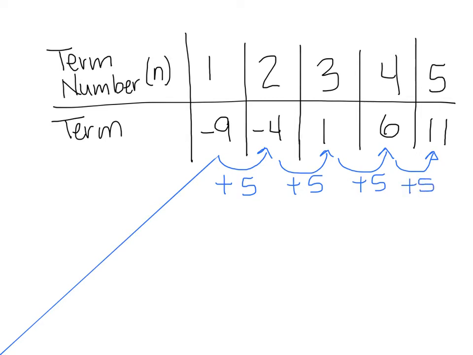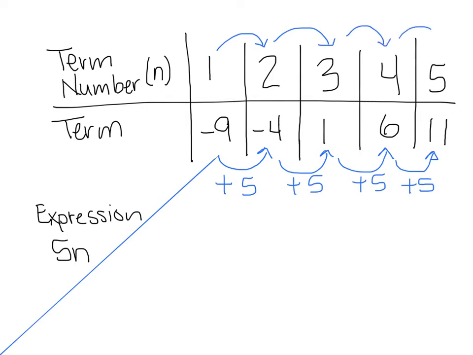Okay, this implies that my expression should be 5n. My common difference again, we didn't look at the common difference in the terms, but of course that is quite obvious. I'm increasing by 1 each time.